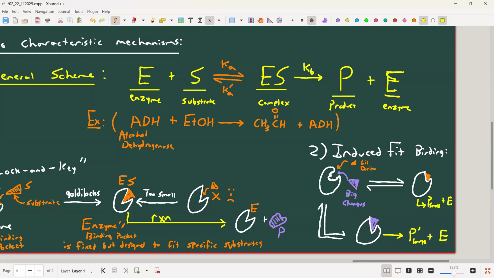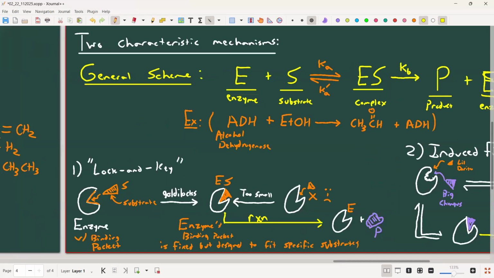So how does the energy change in this system? In lock and key, we have a substrate and an enzyme that aren't moving. They're fixed in position and fixed in structure. So you have some delta G of binding, and then you have some delta G of reaction.